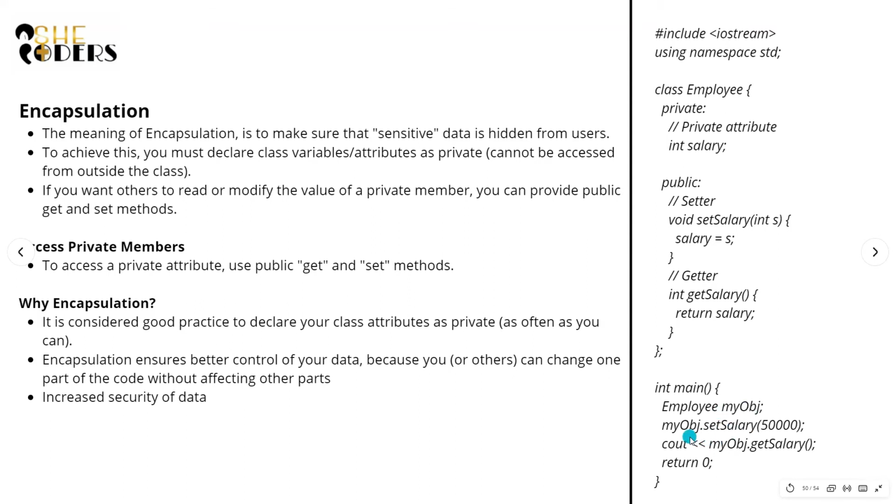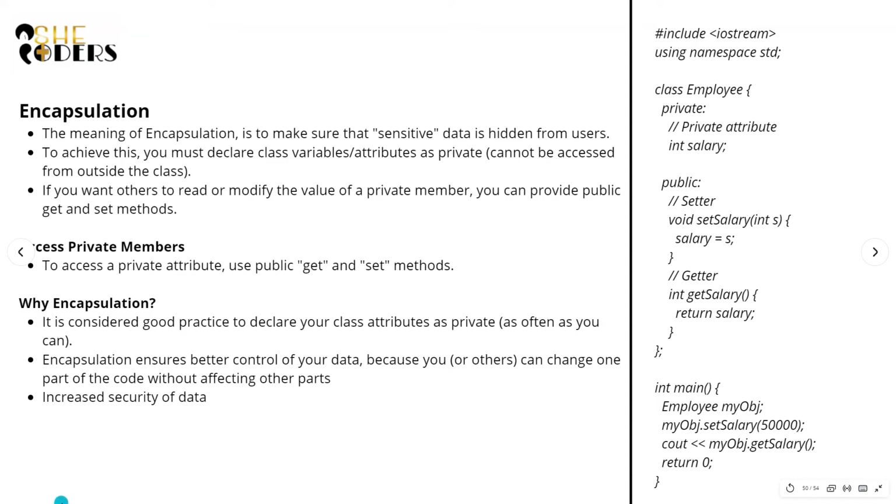Here I have created an object and set the salary initially to 50,000. The setSalary function is called using the dot operator, 50,000 is passed as the value of S, and S is assigned to salary. So the value of salary will be 50,000. Now if I want to see the value of the salary, I have created this getSalary function, which just returns the value of salary. So the output you will see is 50,000.